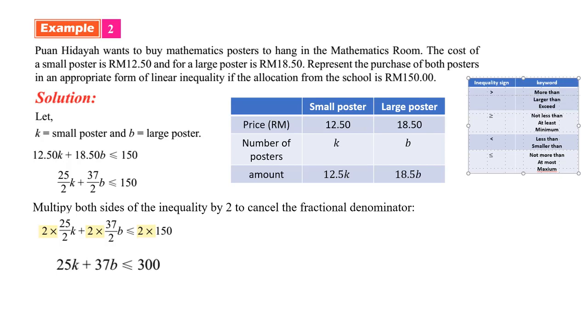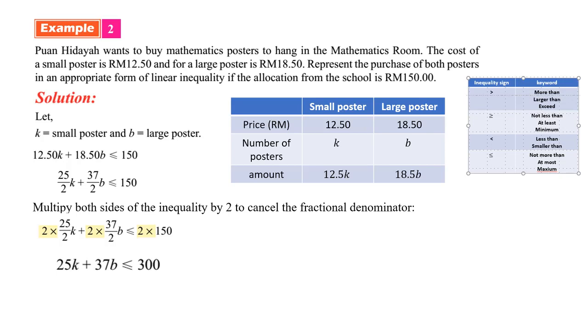Allocation from the school is 150 ringgit means that it is less than or equal to 150 ringgit. The linear inequality form is 12.5k plus 18.5b less than or equal to 150.